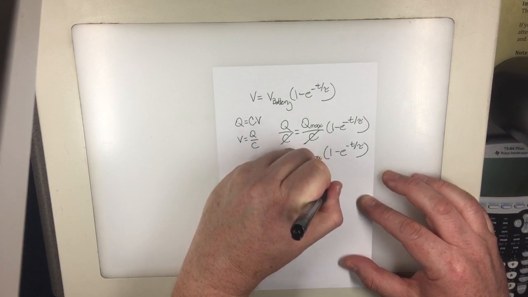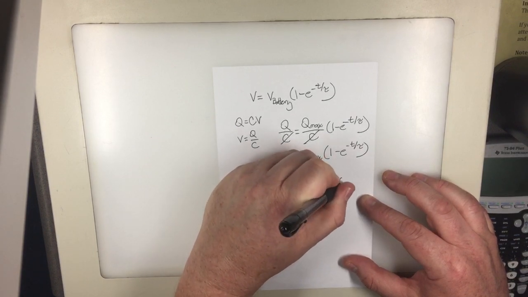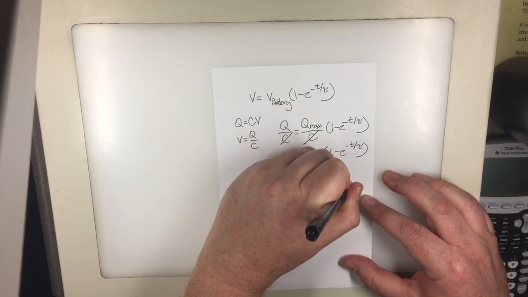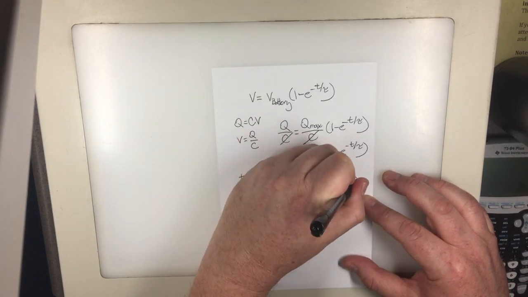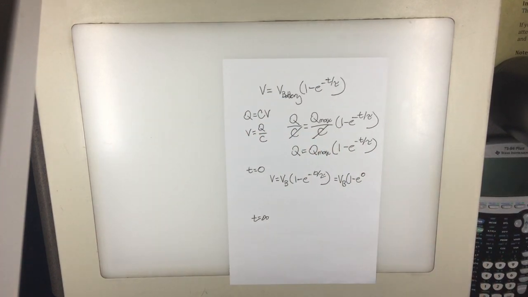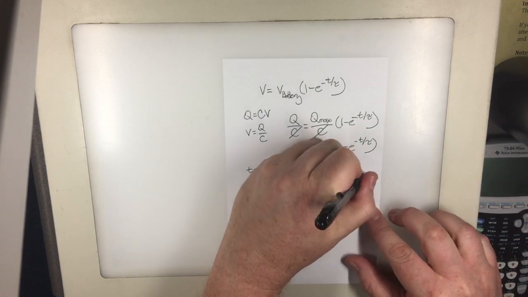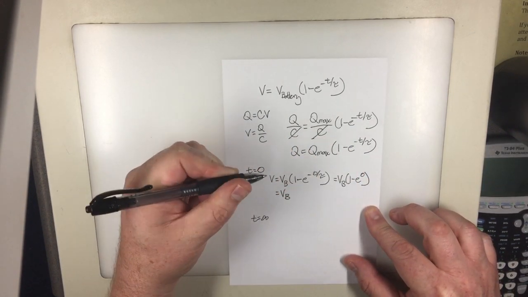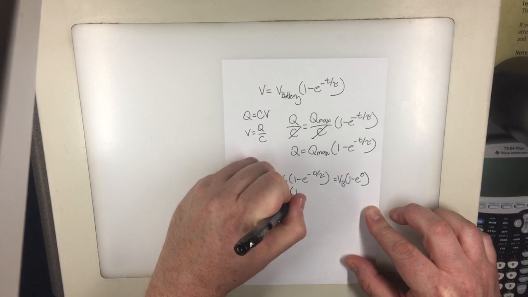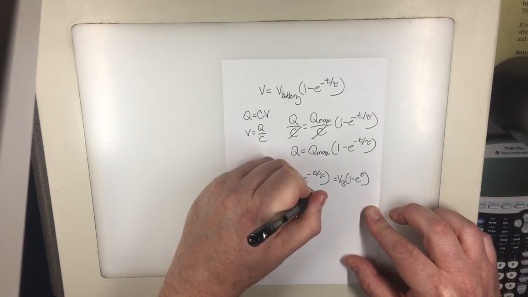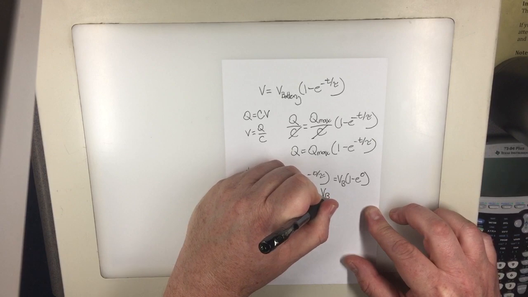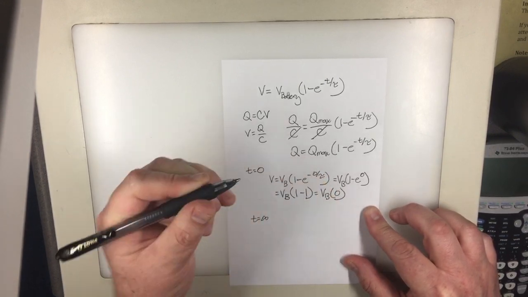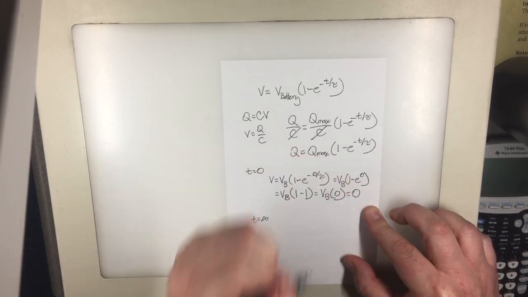This gives you V battery 1 minus e to the 0. Negative 0 is still 0. That makes this VB 1 minus 1, which is VB 0. And I'm doing this in painful detail.